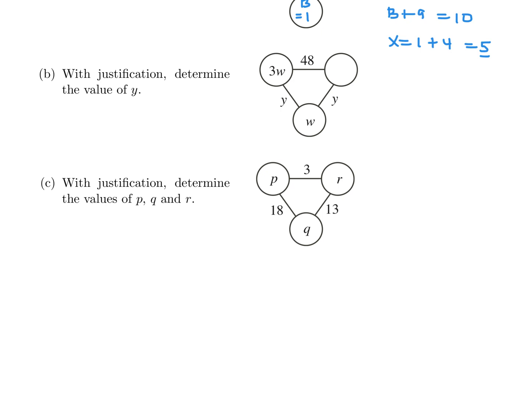With justification, determine the value of y. So the same kind of story here. I guess we can call this guy x in here and then keep going with our definition. So 3w plus x would be 48, so x would be 48 minus 3w.